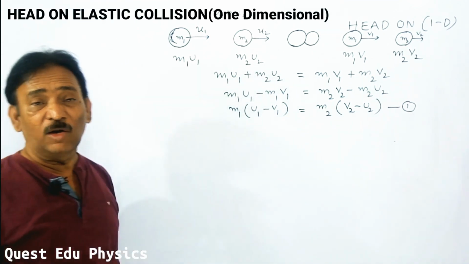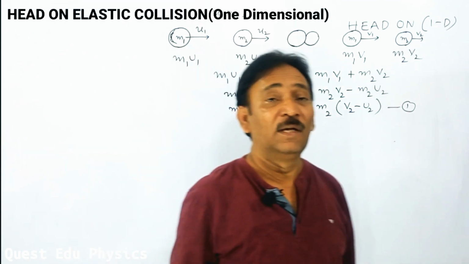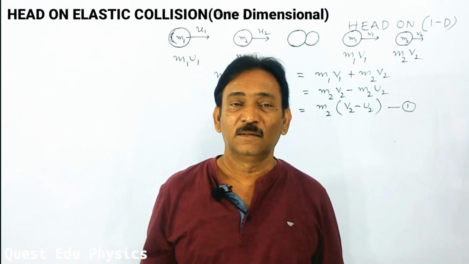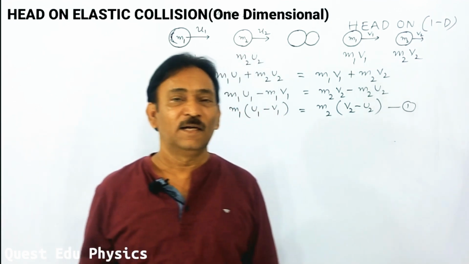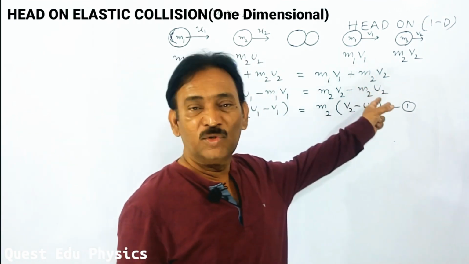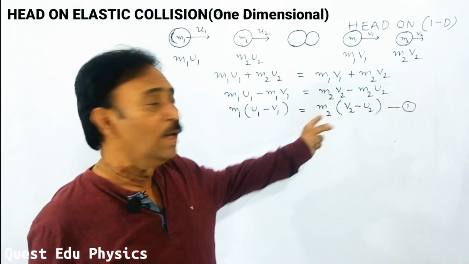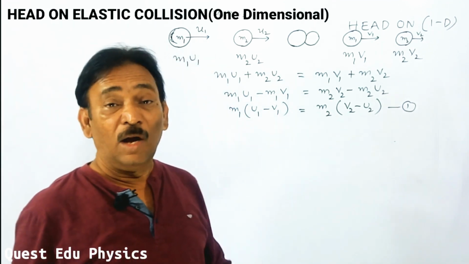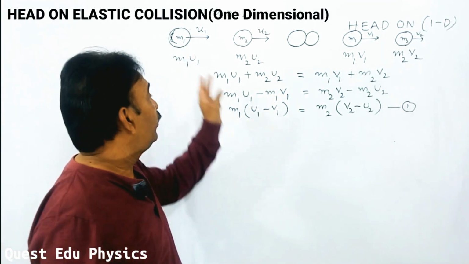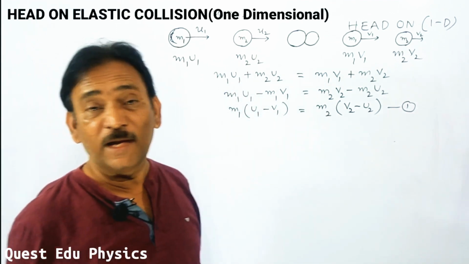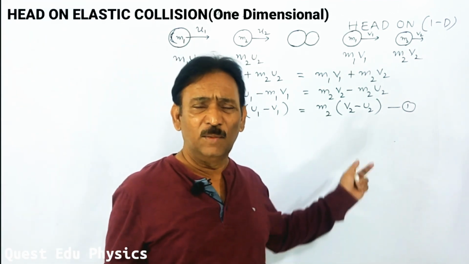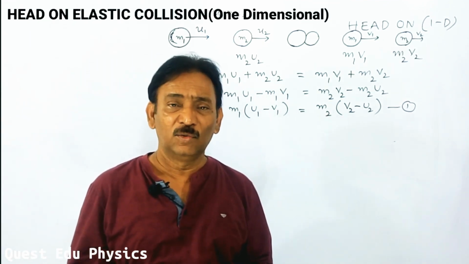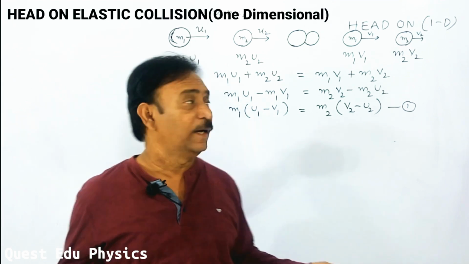In the same way, while talking about collisions, we took reference to two physical quantities, students. One is the momentum and the second is the kinetic energy. We used the concept of momentum here and got a relation like this one. And the kinetic energy also has to be conserved. So we are taking the law of conservation of kinetic energy. It goes similar to this. The sum of the initial kinetic energy must be equal to the sum of the final kinetic energy.